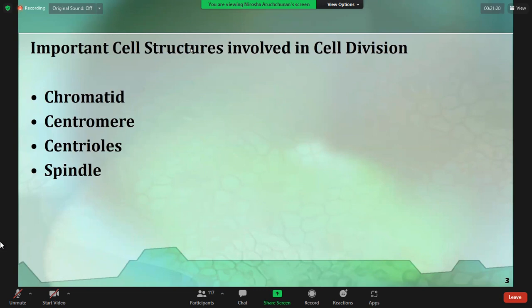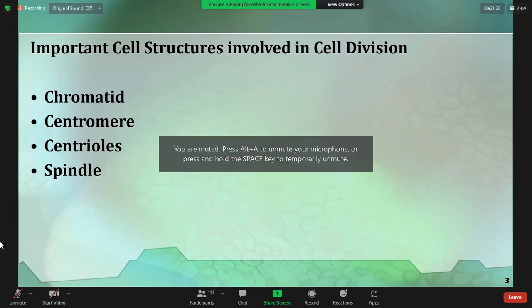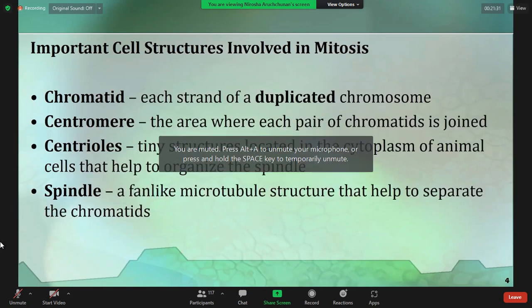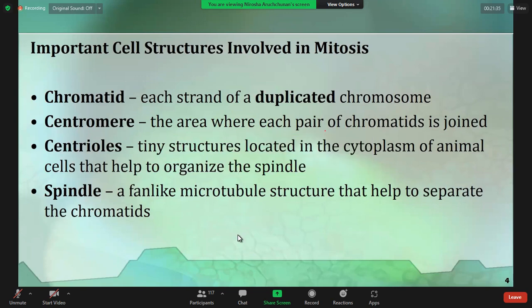083 said microtubules. Abdullah said chromosomes. Right, we'll see. Chromatids: each chromatid is one strand of a duplicated chromosome.